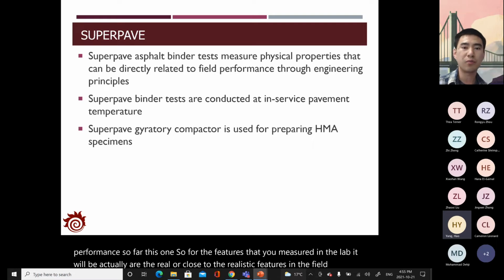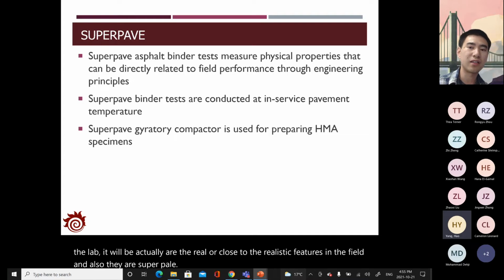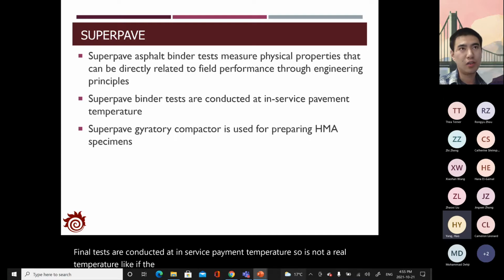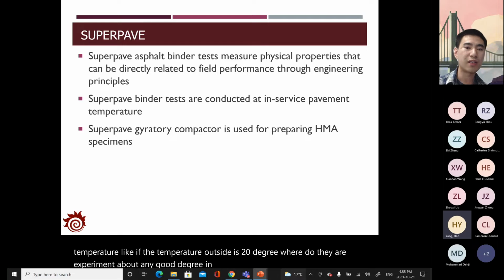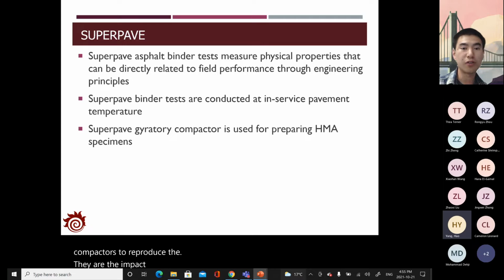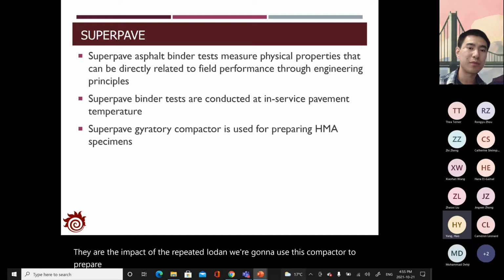Also, the SUPERPAVE binder tests are conducted at an in-service pavement temperature. So it's a real temperature, like if the temperature outside is 20 degrees, we do the experiment at about 20 degrees in the lab. And it also has gyratory compactors to reproduce the impact of the repeated load, and we use this compactor to prepare the asphalt specimens.